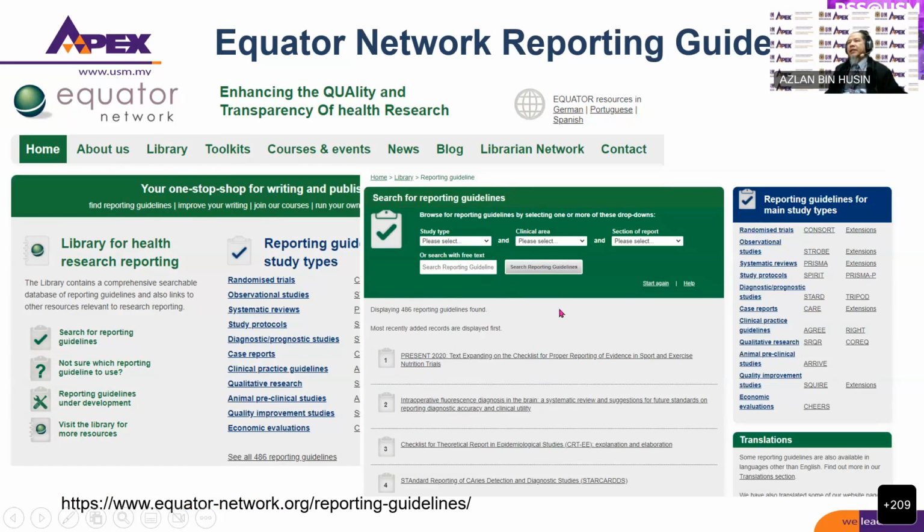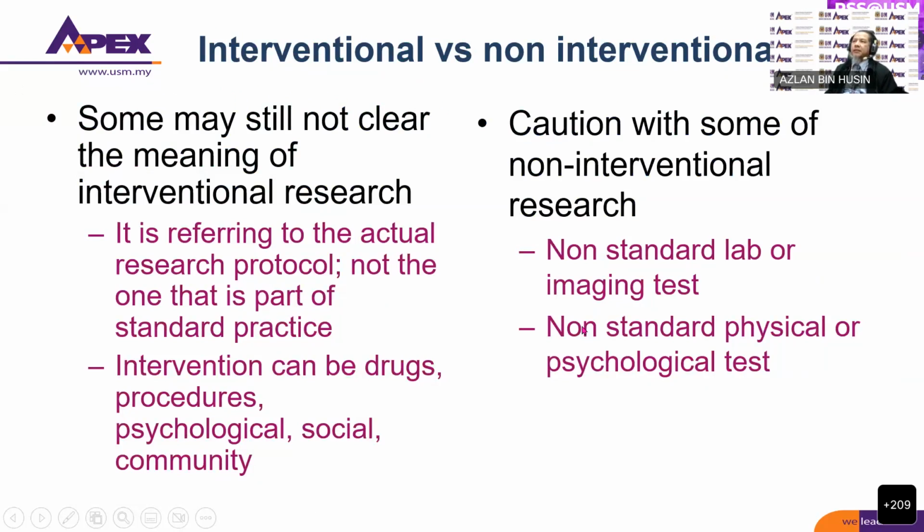And interestingly, this so-called platform is regularly updated, and you can see there are so many things that have been added in this platform or site.